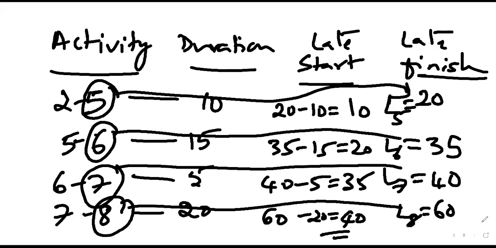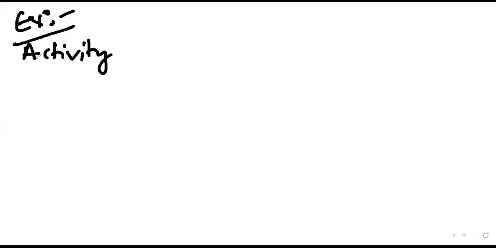Okay, so what was the second example on early start and early finish? Can anyone tell? Conference batch. Okay, just tell me the first two columns, activity and duration.